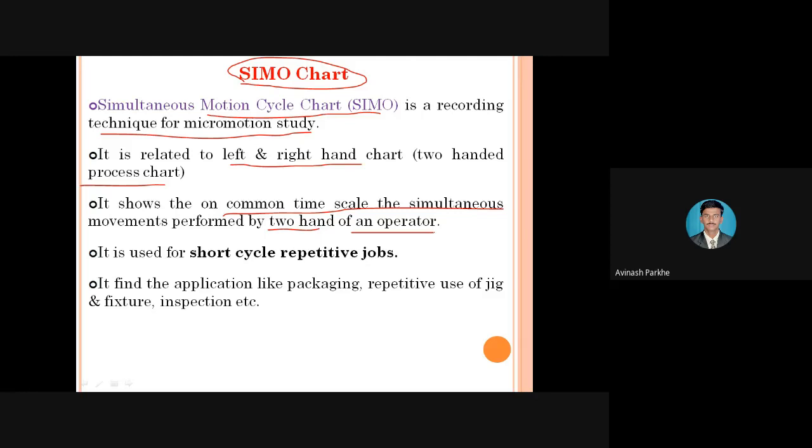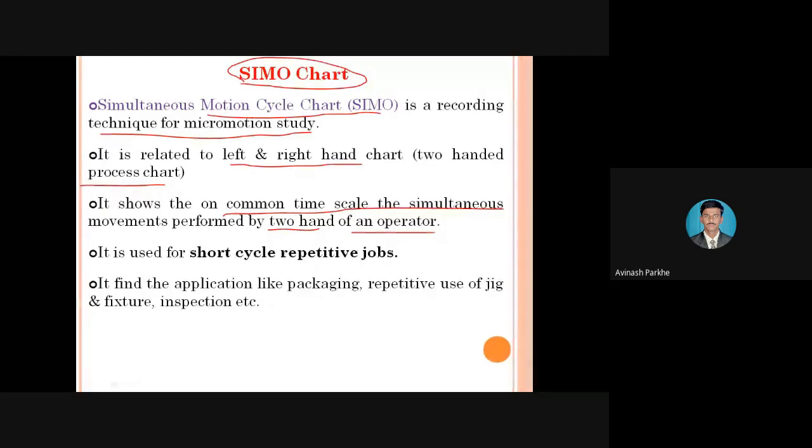In the two-handed process charts also, we are representing the simultaneous movements by that operator. In the Simo chart also, we are representing the simultaneous activities performed by both hands of the operator.